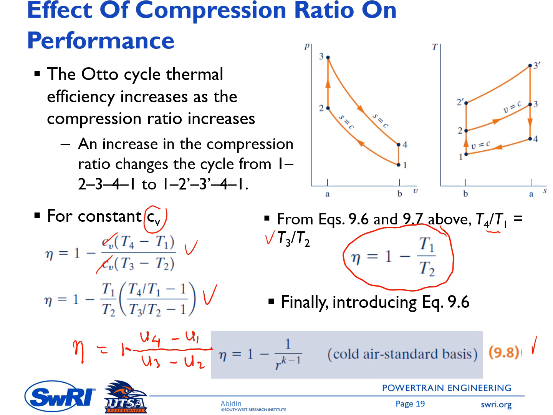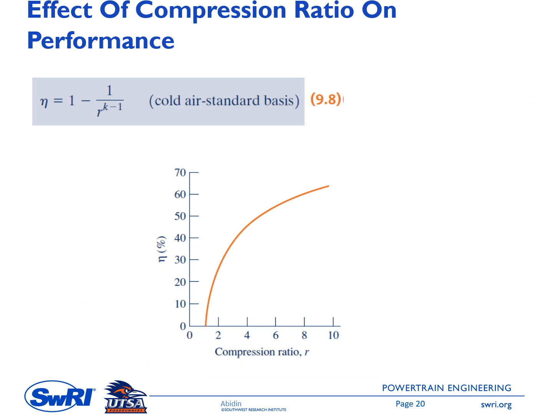So with this correlation 9.8, you can use Excel to plot how r influences eta. And this is the result. You can see here that as r is increased, the thermal efficiency also increases.